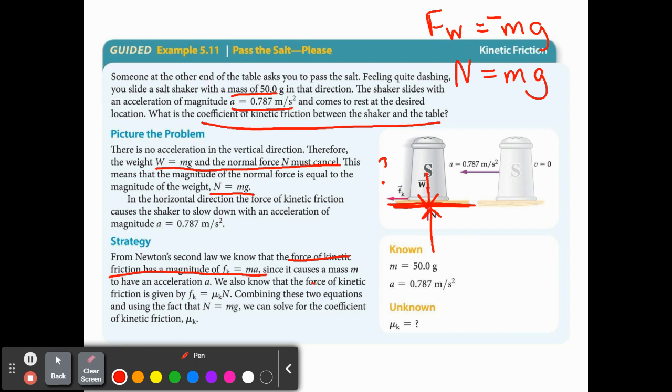We also know this formula for kinetic friction, right? So we know two formulas for kinetic friction: mass times acceleration, and coefficient of friction times the normal force. We good there?